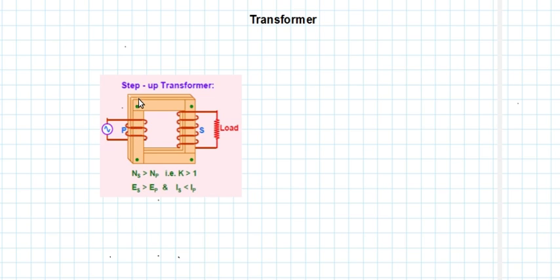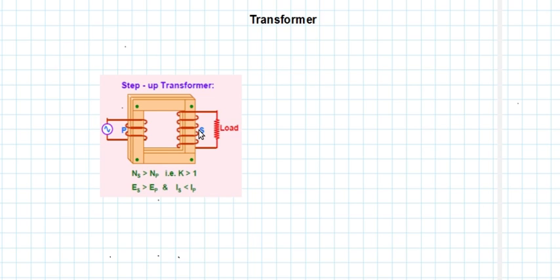For the primary, there are only 1, 2, 3 turns of the conductor. For the secondary, we can see 1, 2, 3, 4, 5 turns. So the number of turns of the secondary is more than that of the primary. That is how we may identify a step up transformer.